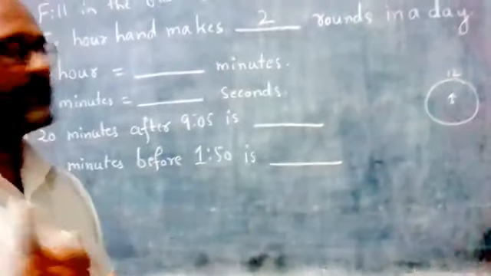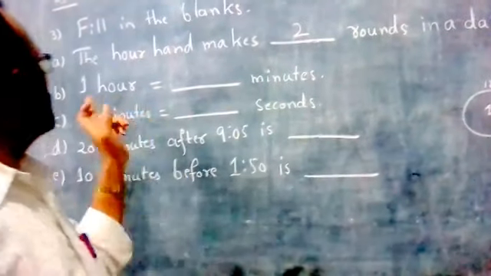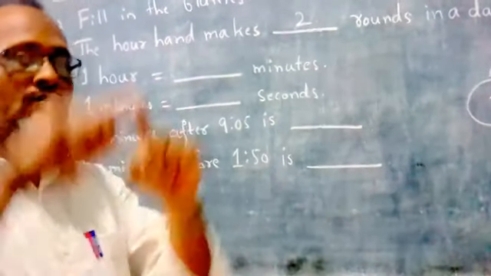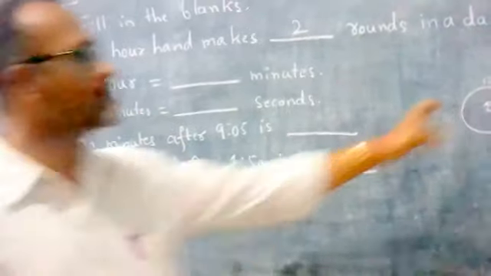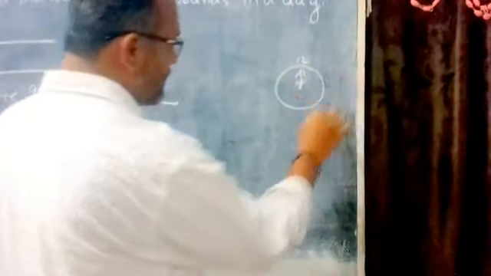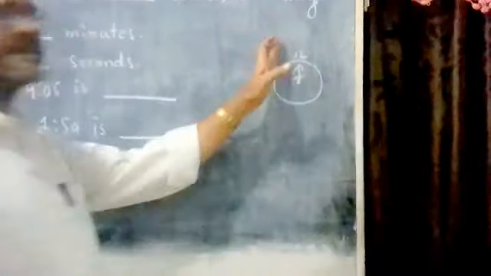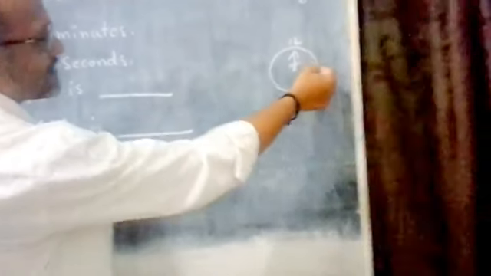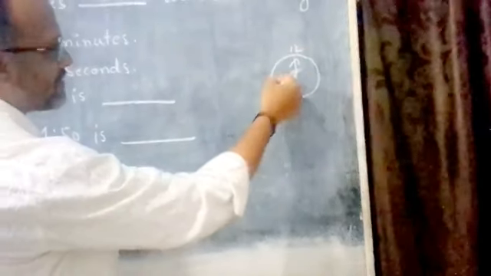Now the second one is 1 hour is equal to dash minutes. So we come to the minute hand, the long hand which represents the minutes. To complete 1 hour, the long hand should take one full round back to its own place. Totally we have 5 minutes, 10, 15, 30, 45 and 60.